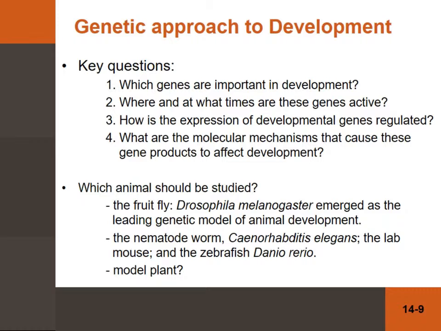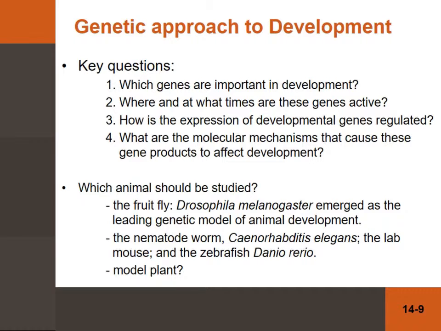One of the first considerations in genetic analysis was which animal or which plant to study. The fruit fly, Drosophila melanogaster, emerged as the leading genetic model of animal development. It was the favourite due to its ease of rearing, its very rapid life cycle, its cytogenetics, that is all the details about its chromosomes, and decades of classical genetic analysis.